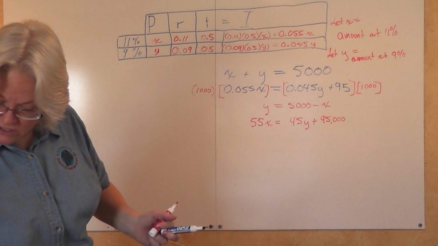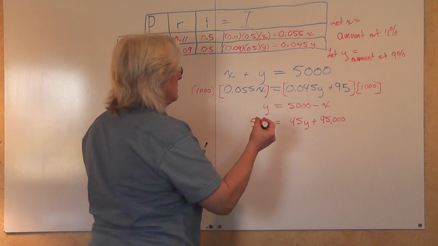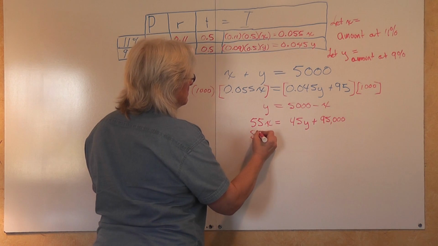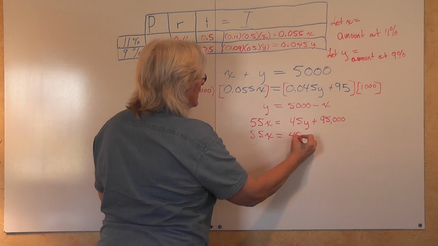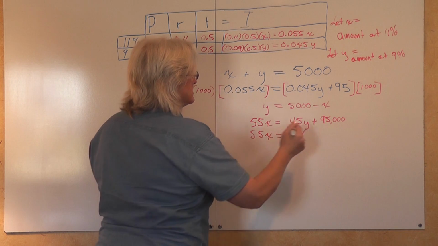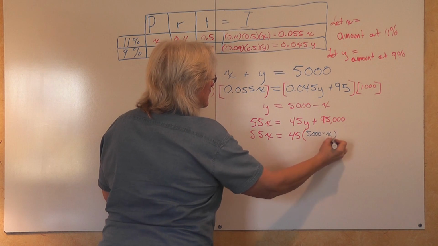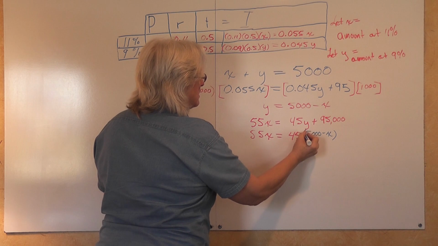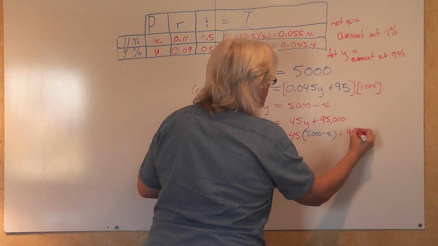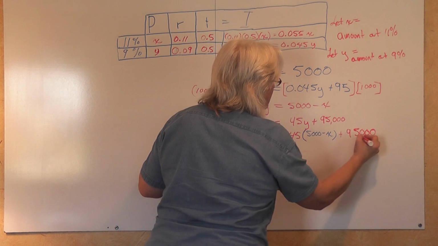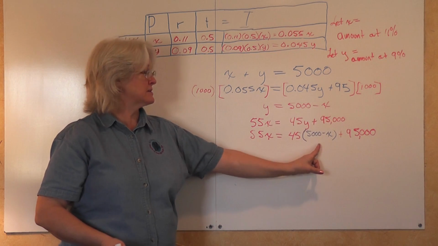Let me see if I'm still tracking with your book. Okay. 55x is equal to 45 times, I'm going to substitute in here in blue, 5,000 minus x, plus 95,000. All I did was substitute 5,000 minus x.